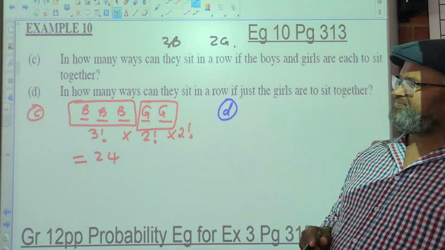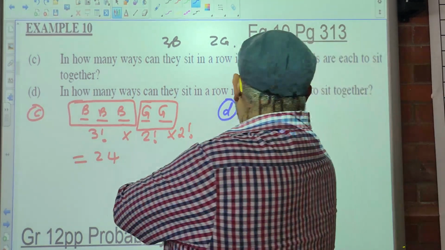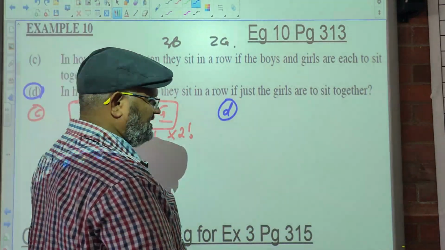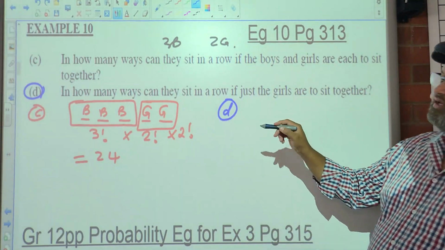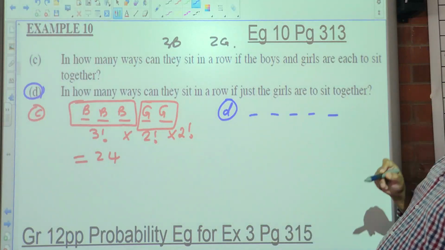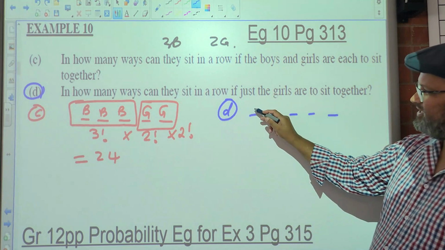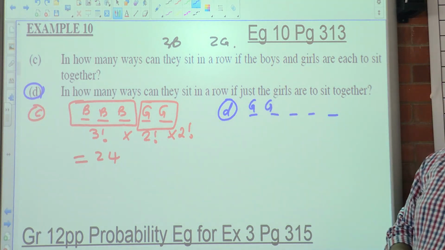Let's look at D. How many ways can they sit in a row if just the girls have to sit together? You know the girls on the stage. Probably girly girls, no? So how many bits do we have here? 5. Alright. How many girls are there? 2. So the girls can sit there, or there. Not so.